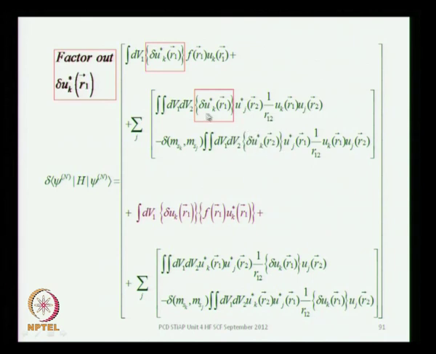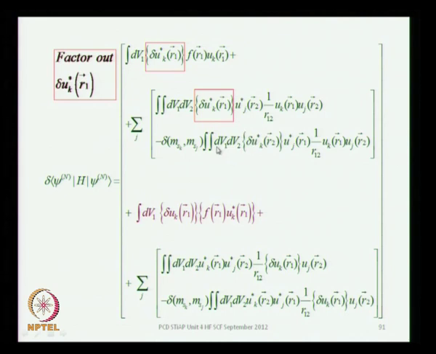What do we have here? The one with the kth label is delta uk star, but the argument is r2 rather than r1. So, you cannot extract it straight away, right. But then both r1 and r2 get integrated out, right. This is the double integral over dv1 and dv2, both r1 and r2 get integrated out. These are dummy labels.